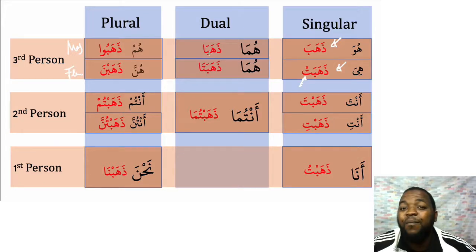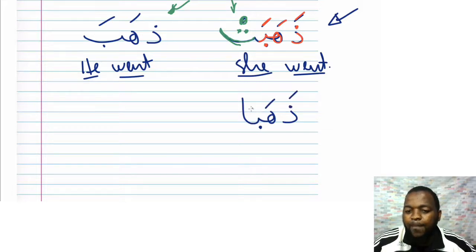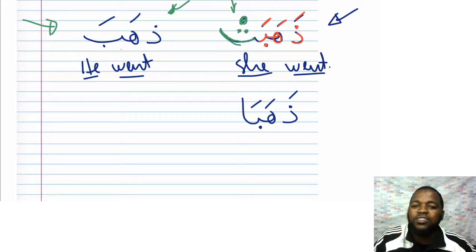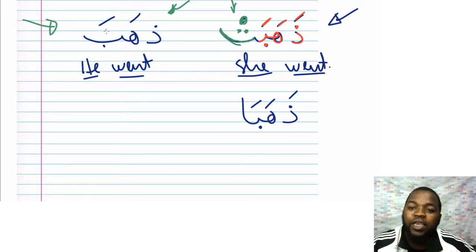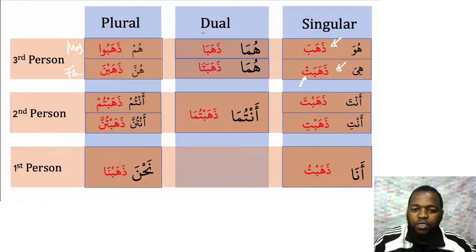Here we have dhahaba, dhahaba. So you may ask, where is the verb? Let me write here. Dhahaba. So here we said that the verb is dhahaba, and the subject is what? It's hidden, right? Now here, dhahaba, so here it's dual, third person, masculine.